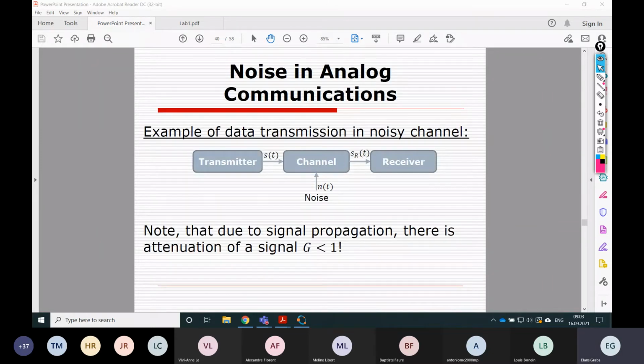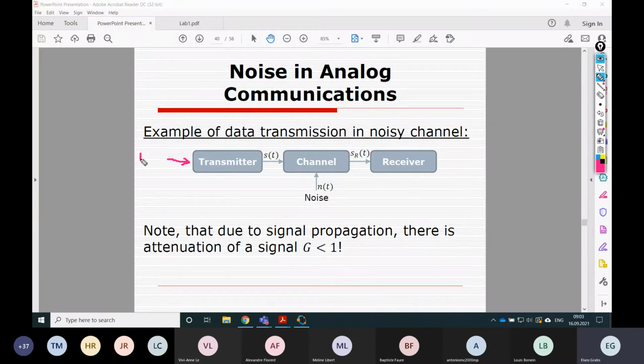So imagine we have such a system that sends some data in, for example, a cable from transmitter to the receiver, and we use an analog data signal. So here our data is continuous.